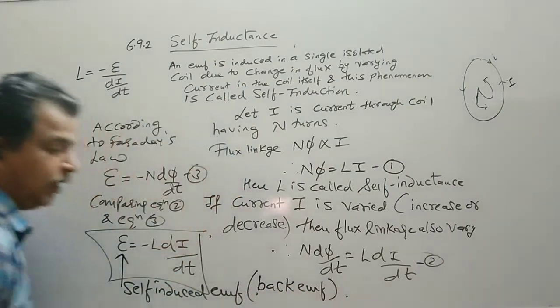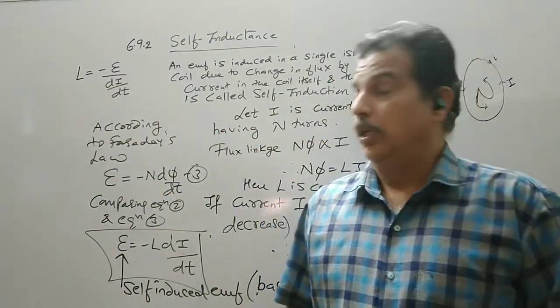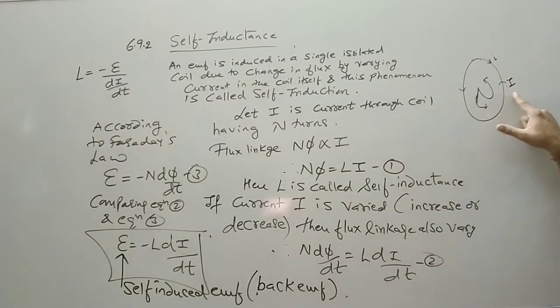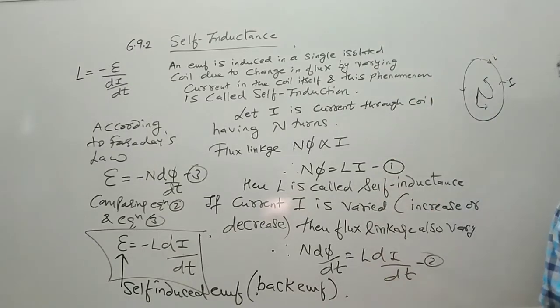Why is the name back EMF? Because it opposes the change. It does not allow us to increase the current. If we try to increase this current, the self-induced current will oppose the change. If I try to decrease this current, it will flow in its direction.